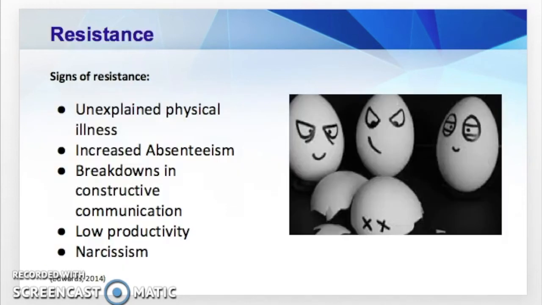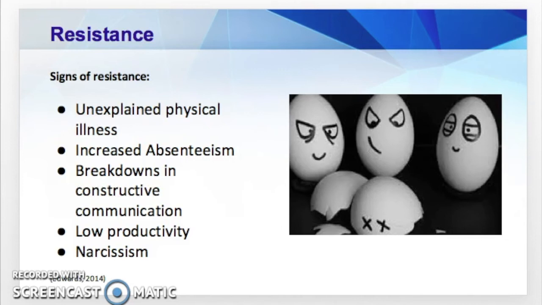Let's mention three common obstacles that a manager or a leader could see in the employees during the change process. One of them is resistance.